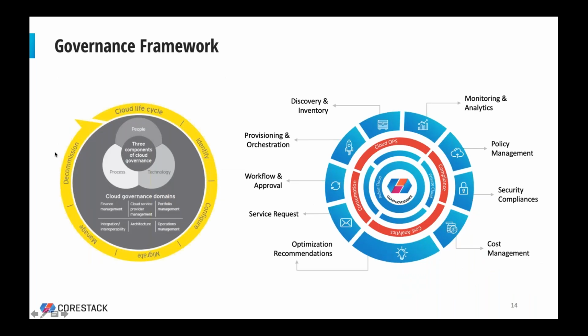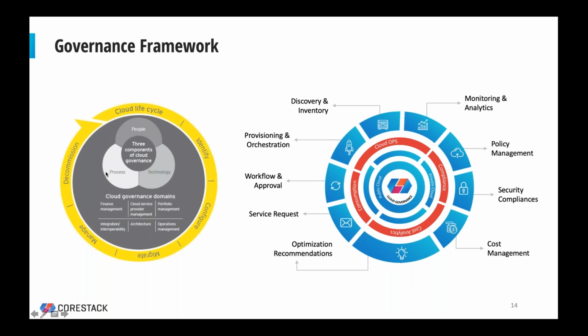And then from a governance framework standpoint, there's kind of three focus areas when you're looking at building out your framework. It's the people. So how do we enable our people? How do we put tooling and automation in place to streamline day-to-day processes, which goes into the second area, which is process.